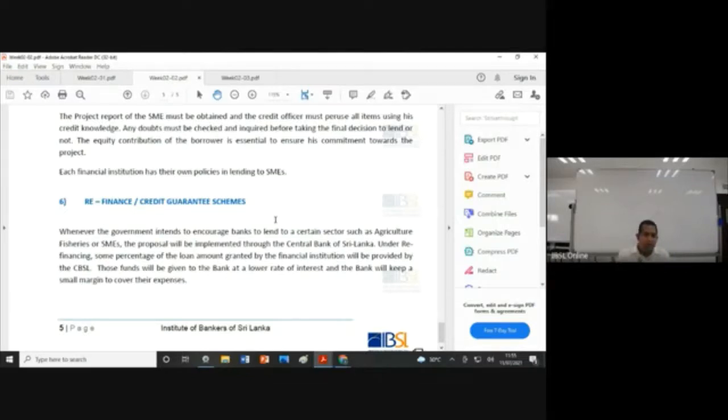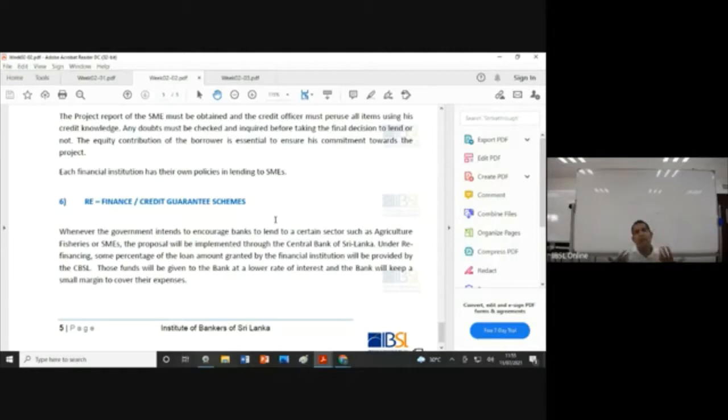Now this government is looking at creating a credit guarantee scheme, so banks can take protection from them and lend to the SME. We will not have a 100% guarantee, but at least a 50-60% guarantee will be sufficient, right?